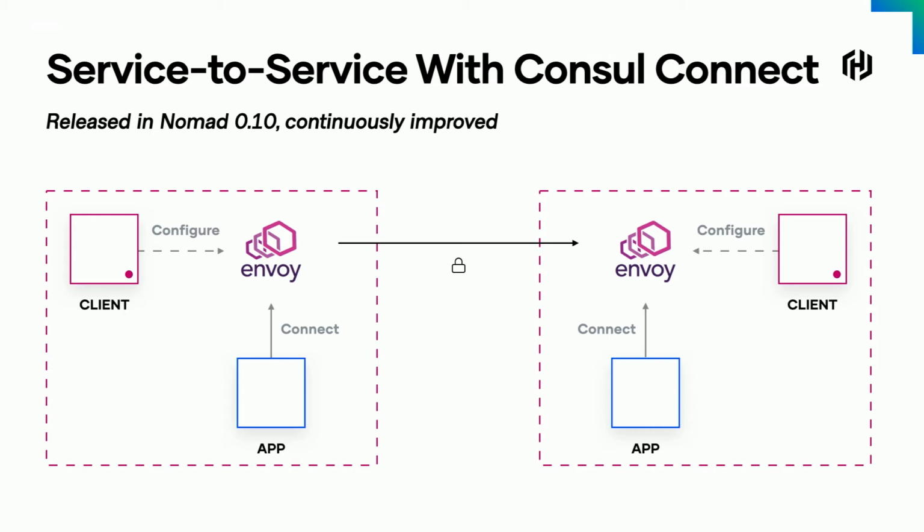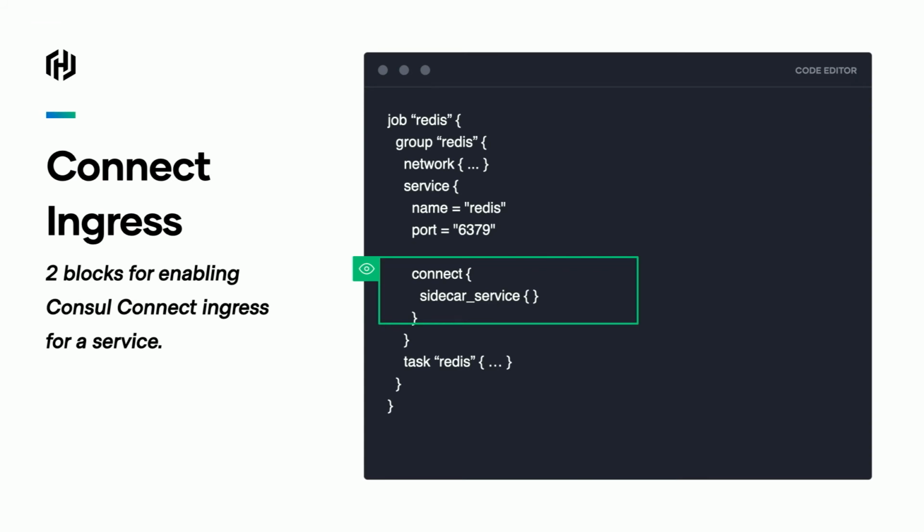So let's look at what that configuration looks like in Nomad. All right, so to get your Nomad service joining the service mesh, you only really need just a few lines of configuration.